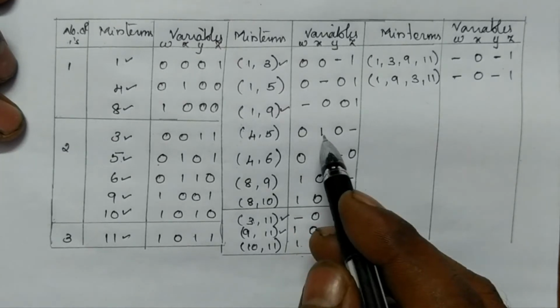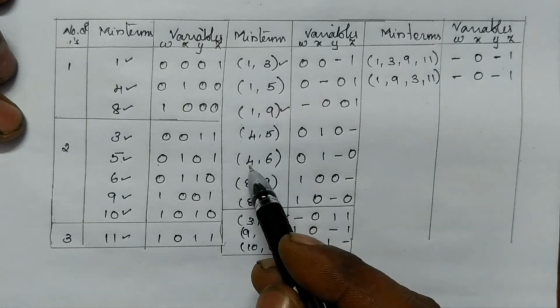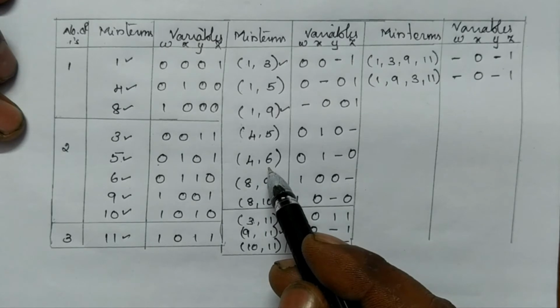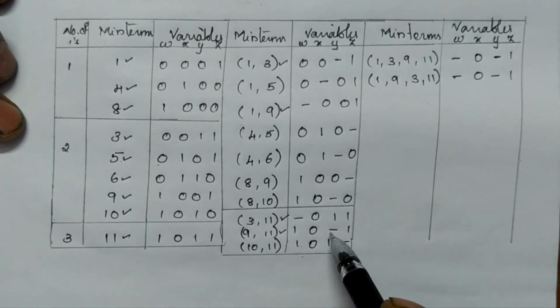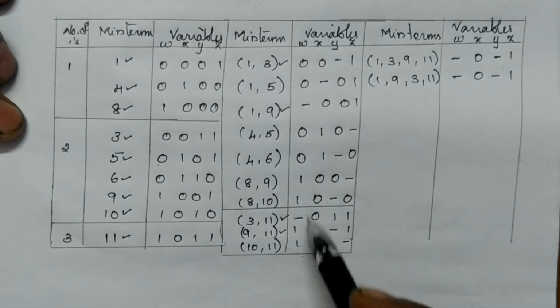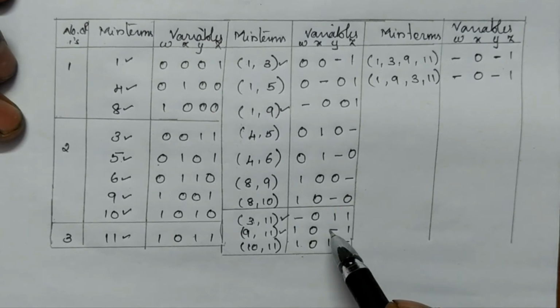Therefore it's not possible for grouping 4 5 and 10 11. Then 4 6, here we are having the hyphen at third position, here also we are having the hyphen at third position. Then we need to go for checking 1 bit change. So here it's not possible, we are having more than 1 bit change.